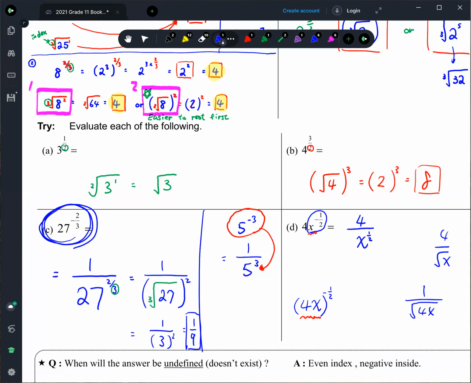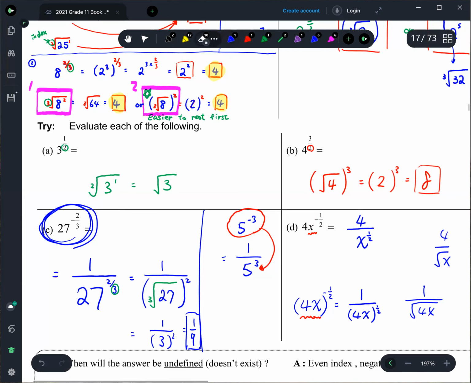Okay, if there's no bracket. If you have brackets, then everything in the bracket will need to flip. So that means you're left with 1 at the top, and 4x at the bottom to the half. Okay, try to compare these two. One has bracket, one doesn't have brackets.